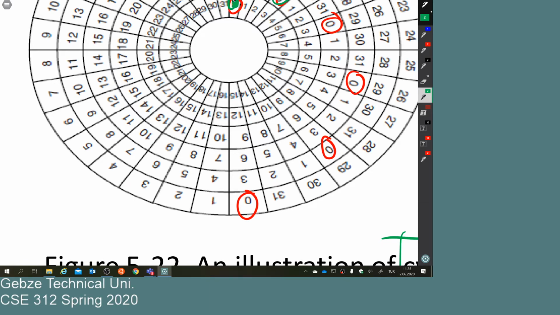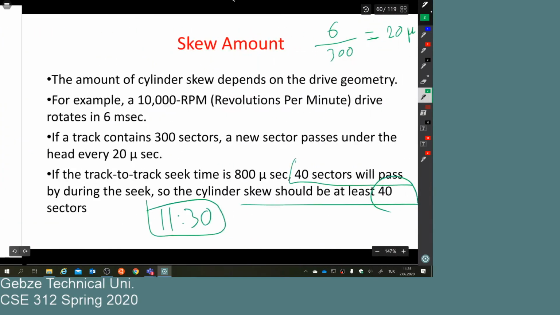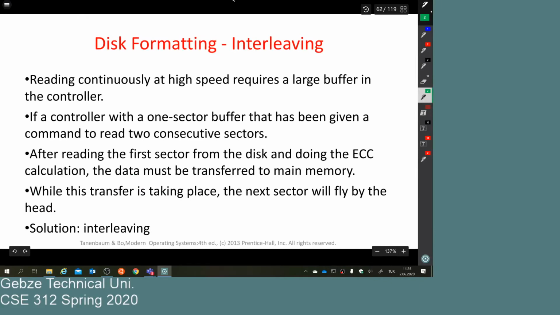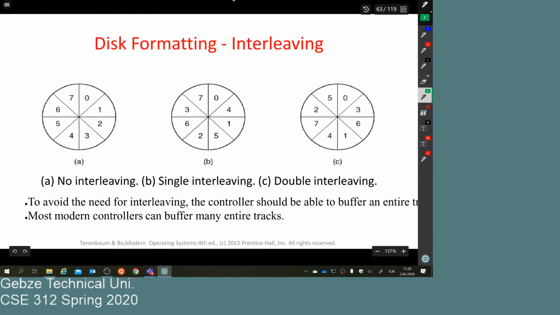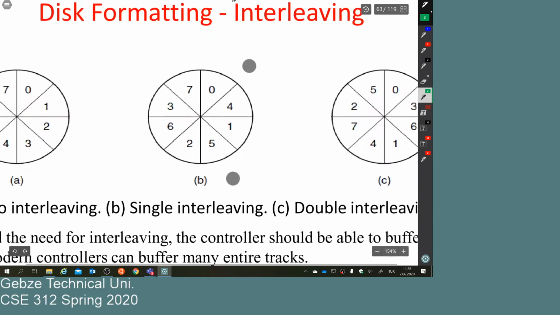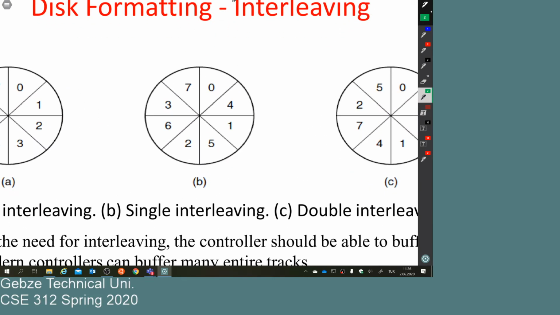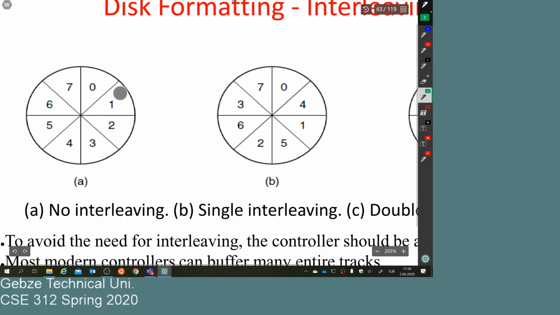So just to let my CPU or my driver do these kinds of calculations, usually I format my low level sectors this way. This is sector number 0, 1, 2, 3, that is no interleaving. I do it in an interleaved way: 0, 1, 2, 3, 4, 5, 6, and 7.